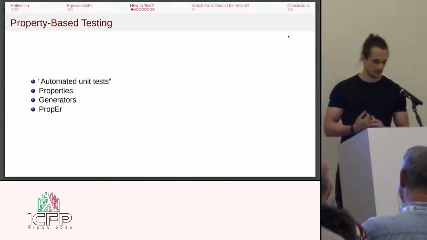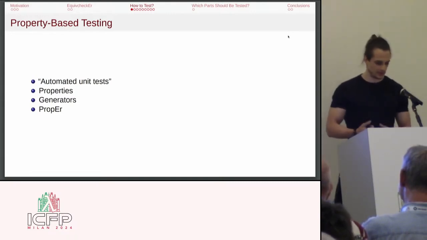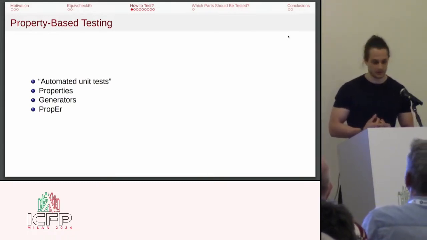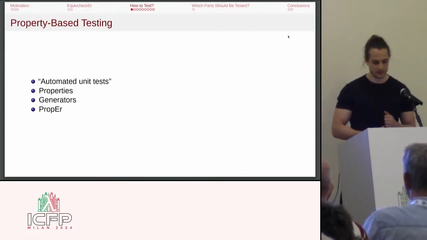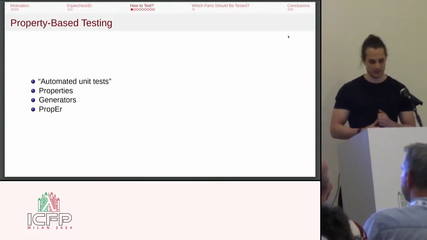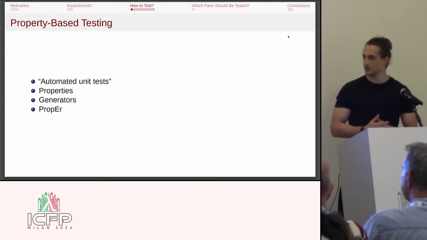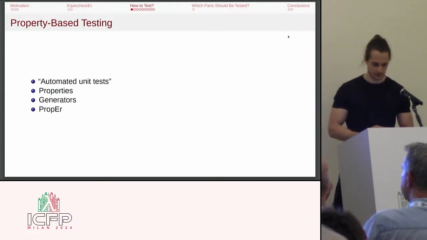And you also have to provide generators for generating this random data, but most of these tools usually have inbuilt generators for the primitive types that the language they are implemented in have. So you can usually just use those. And the property-based testing framework we used was Proper.